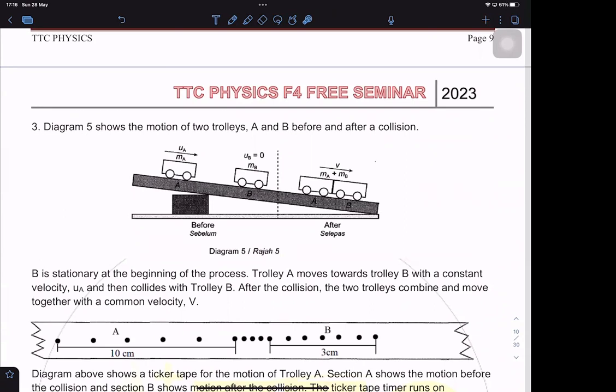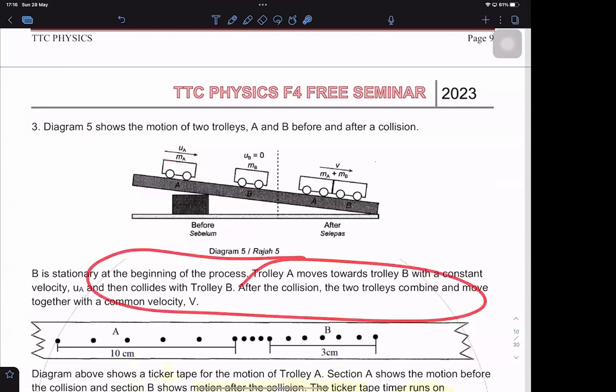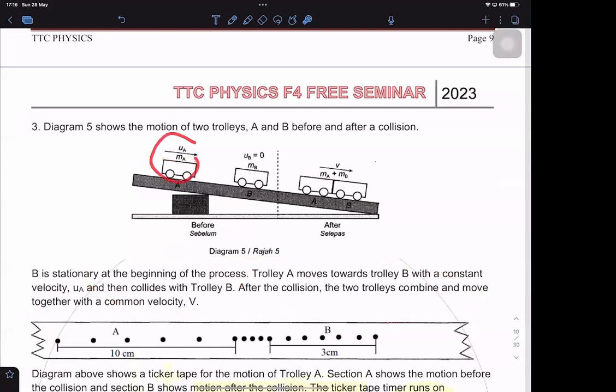Okay. So here I have two trolleys, trolley A and trolley B. Trolley A is sliding down. I'm just explaining what the question says only. Trolley A is sliding down with a velocity. Trolley B is not moving. Trolley B initial velocity is 0.